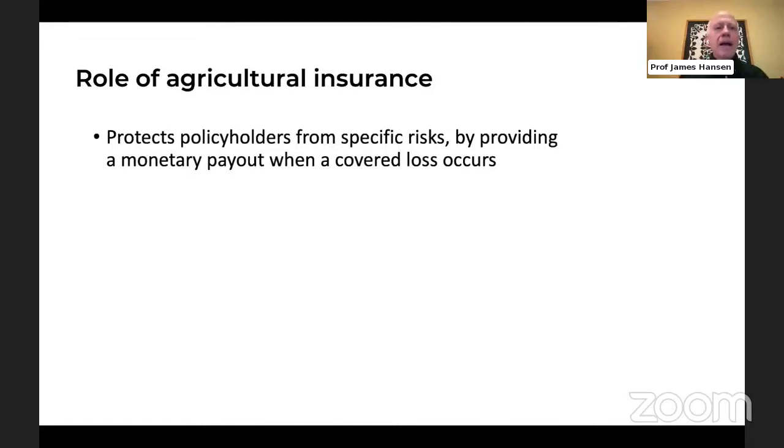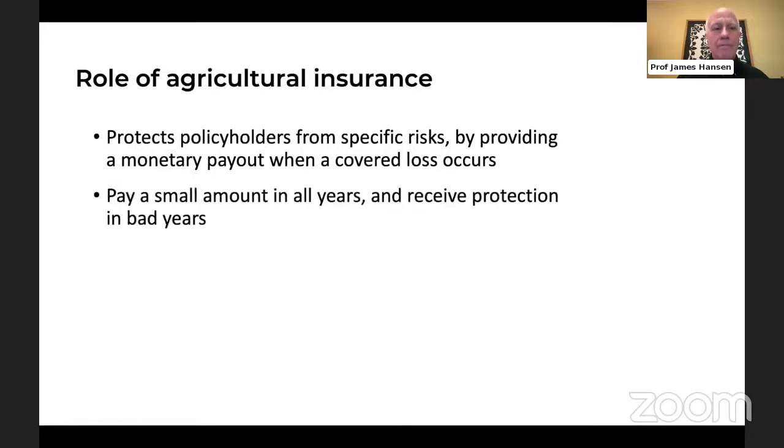Any insurance is designed to protect a policyholder from a specific risk by providing a monetary payout when a covered loss occurs. This is a very formalized contract-based arrangement between a policyholder, a client, and an insurance provider. This is also true in agriculture.